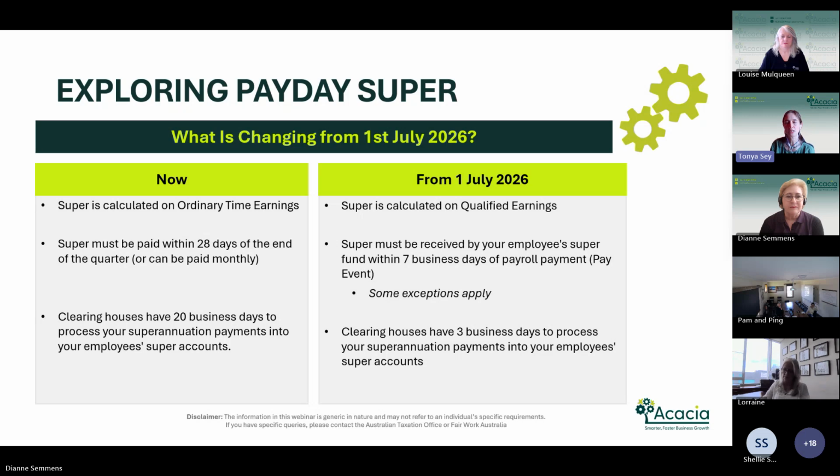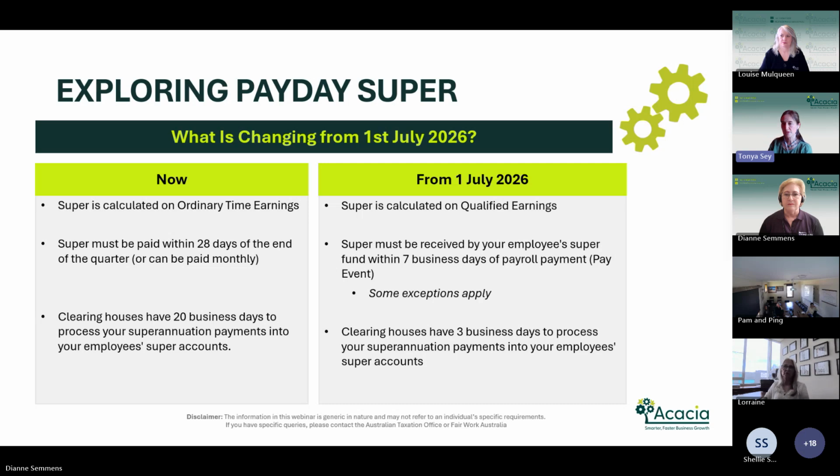At the moment, clearinghouses have 20 business days to process your superannuation payment and put it into the employee's superannuation account. From 1 July, they will have 3 business days to process the super payment into the super account. The reason for the 3 days versus the 7 days is that you pay the super to your clearinghouse.